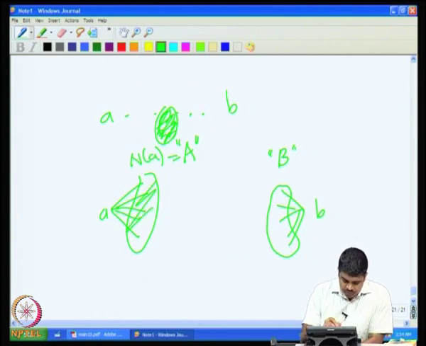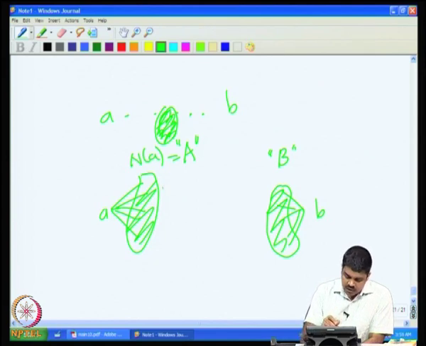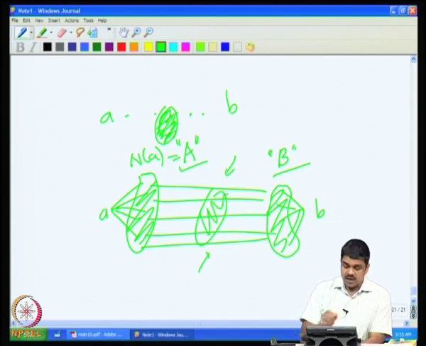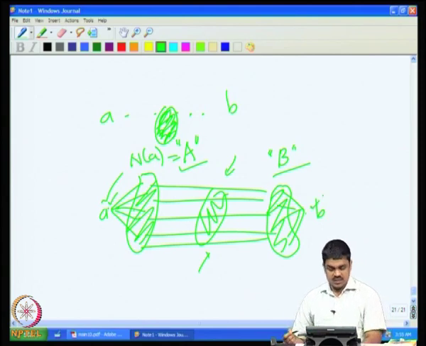And now we consider these two parameters. Menger's theorem would say that the number of disjoint capital A to capital B paths will be equal to the minimum cardinality of a separator to separate A from B. We should prove that the maximum number of disjoint AB paths is essentially equal to the number of internally vertex disjoint paths between the small a and small b, the vertices.